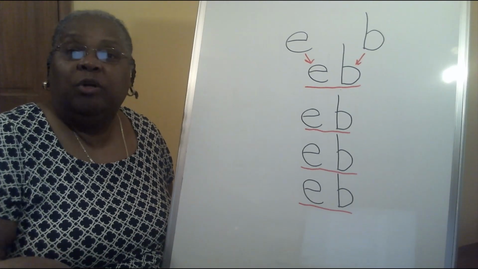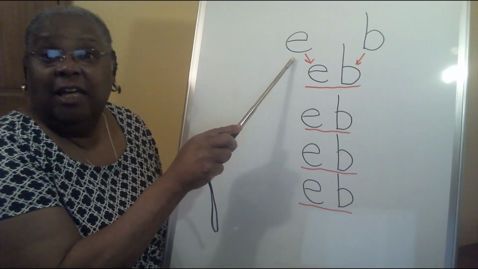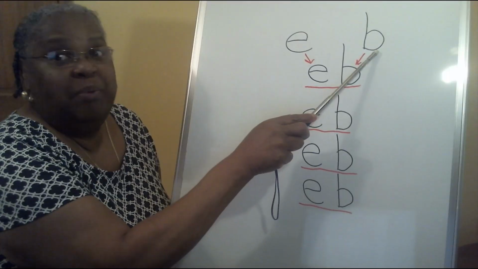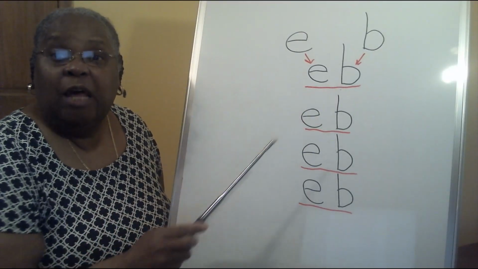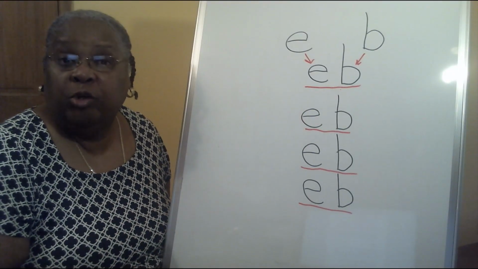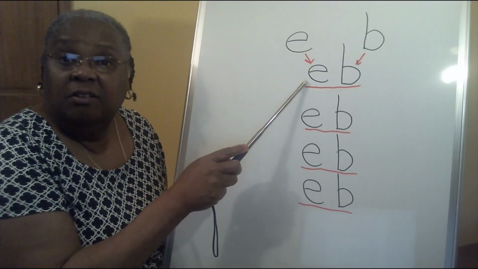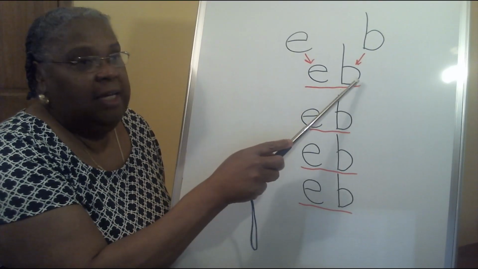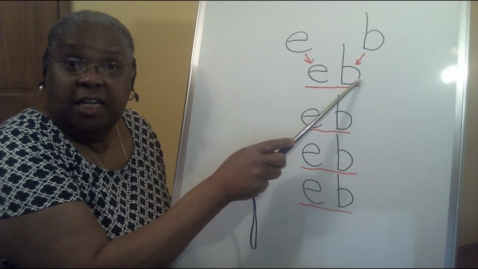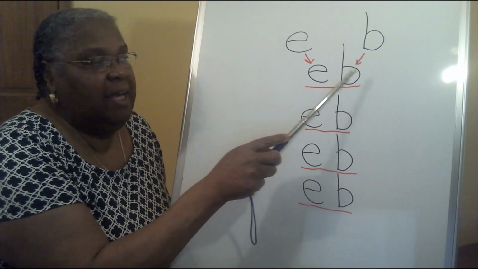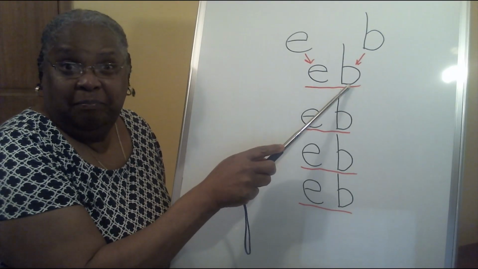Today, we will use the vowel letter E with the consonant B to form the blend that we will use to form words. As you can see, we use the vowel E and we put the consonant B at the end of the letter E to form the blend EB.